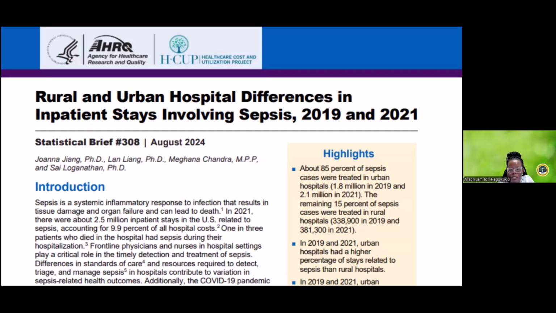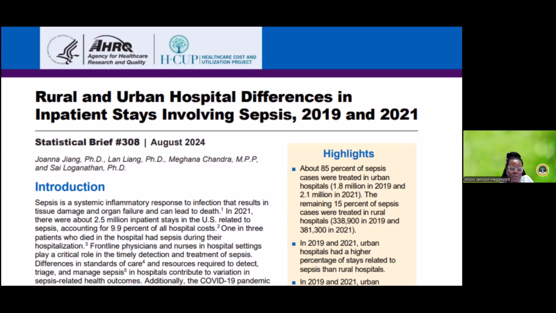It presents statistics on inpatient stays related to sepsis using 2019 and 2021 state inpatient databases for 47 states. And what I want you to note here is that they were looking at hospitals in urban areas and rural areas.